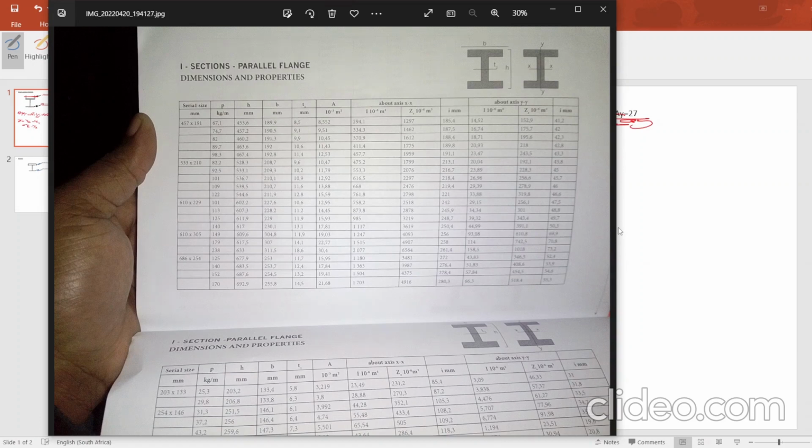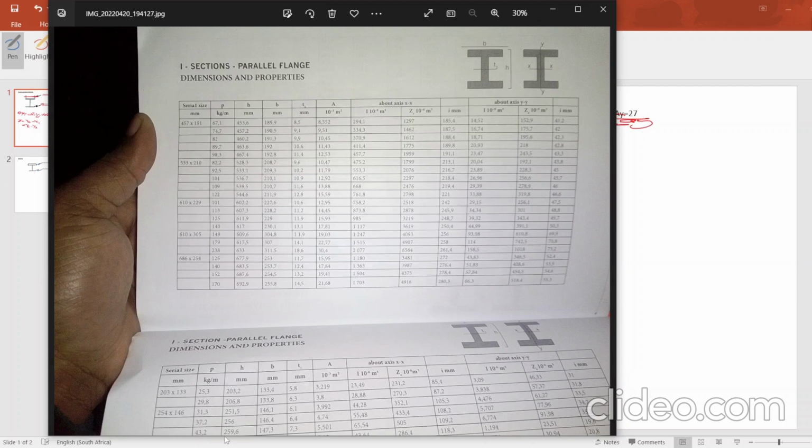Now there it is, the I profile beam, it is 254 times 146, the density is 43,2. Yes, if you can check, there's your height there. Your height is 259,6. That's the height that we'll be working with.